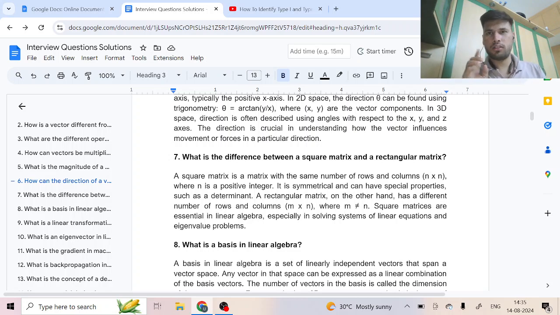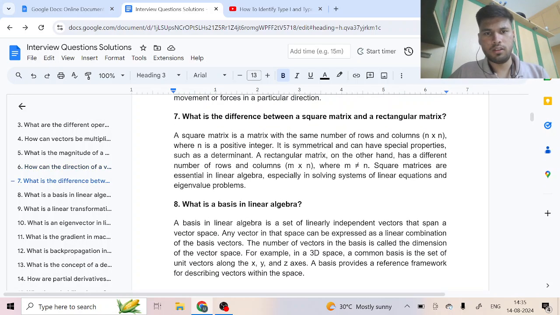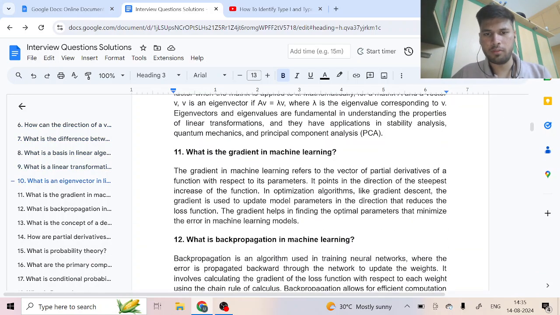A square matrix always has equal rows and equal columns. But a rectangular matrix is not that type of matrix. In it, the rows and columns are not equal. But in a square matrix, the rows and columns are always the same.